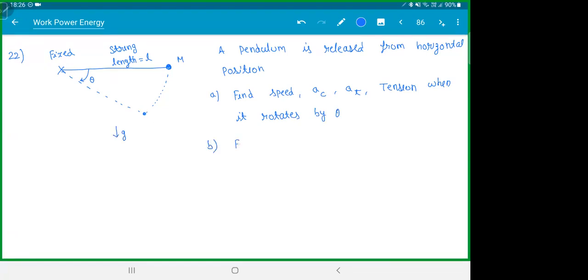B part. Find theta when the net acceleration becomes horizontal?